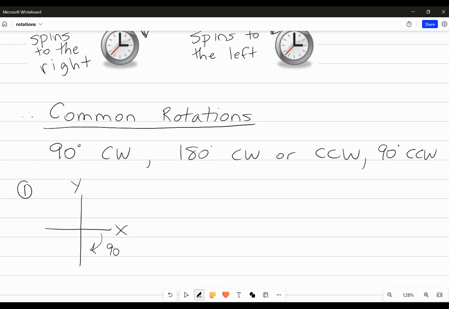So if I spin 90 degrees clockwise, remember what that means is that you're also doing the same motion in the counterclockwise direction. So if I start at the x-axis and I go this way, this is the same thing as a 270 degrees counterclockwise.